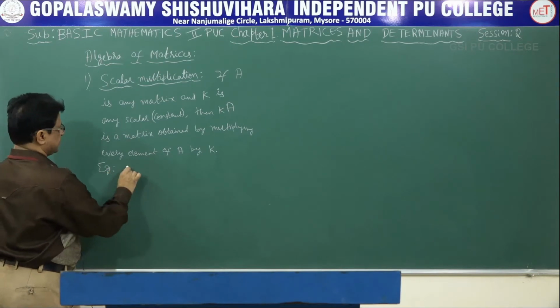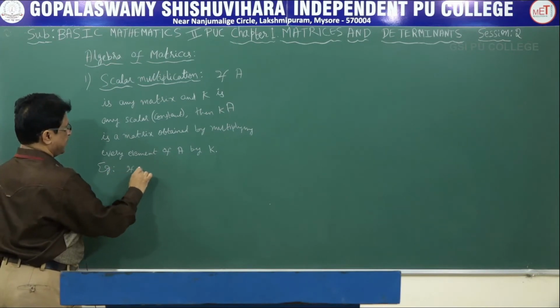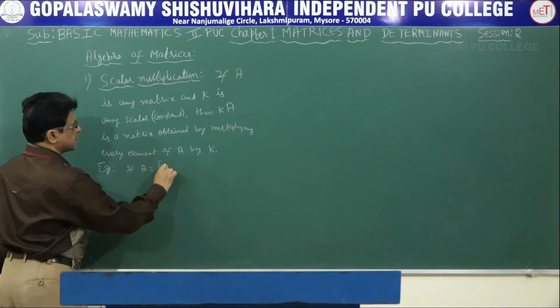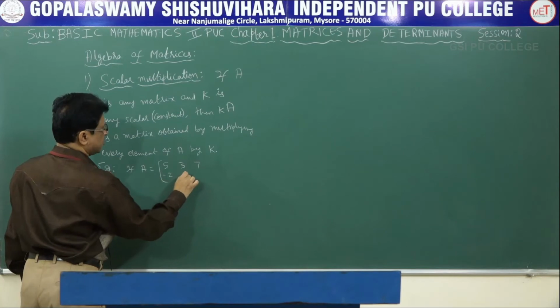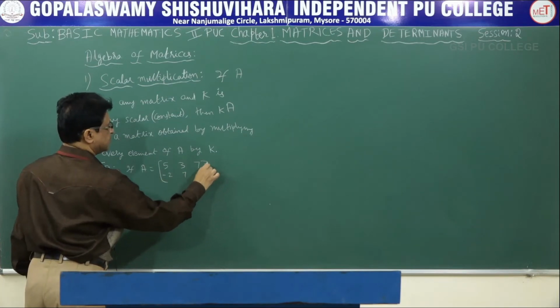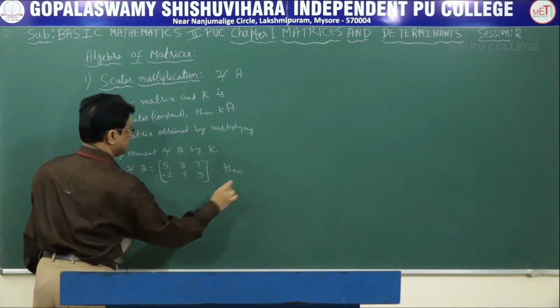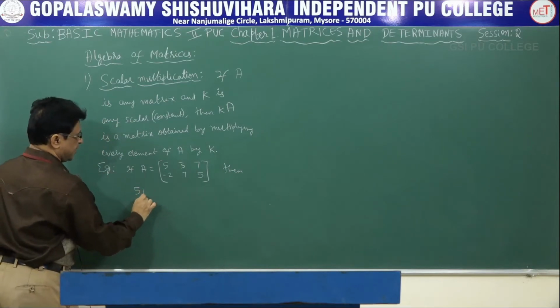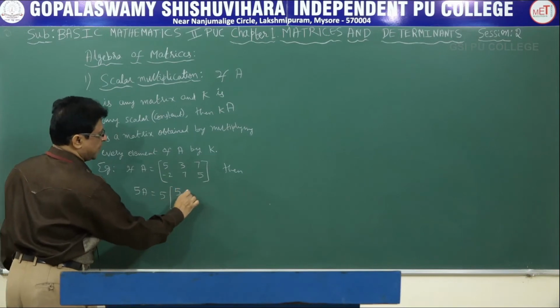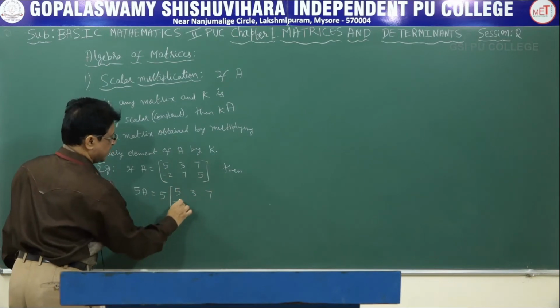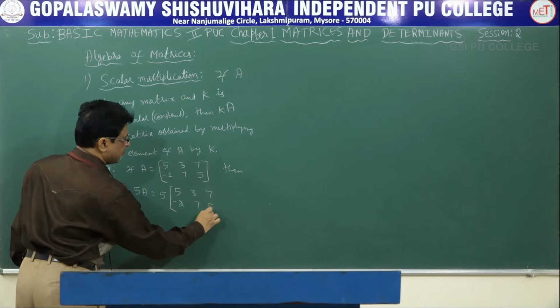Example, if A equals 5, 3, 7, -2, 7, 5, then 5A is equal to 5 into 5, 3, 7, -2, 7, 5.